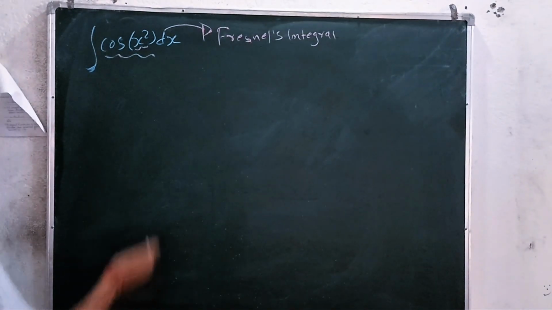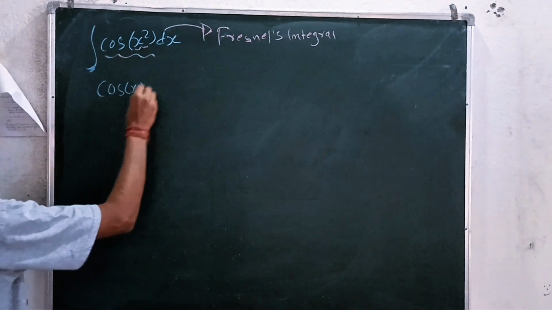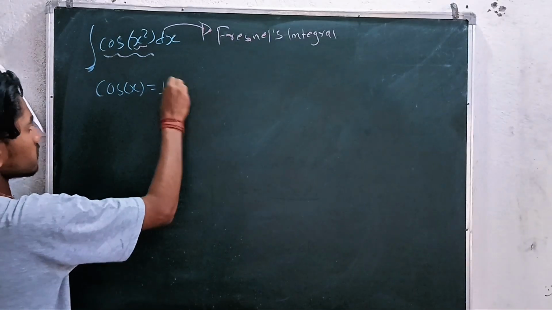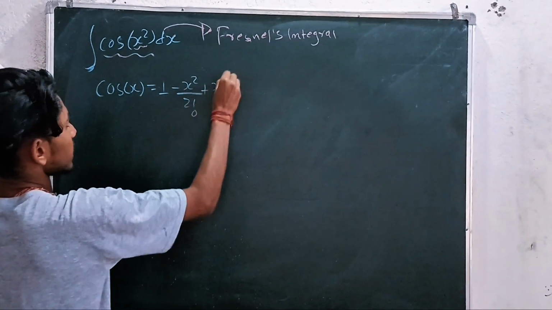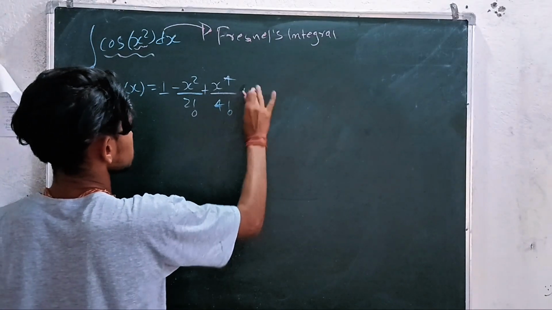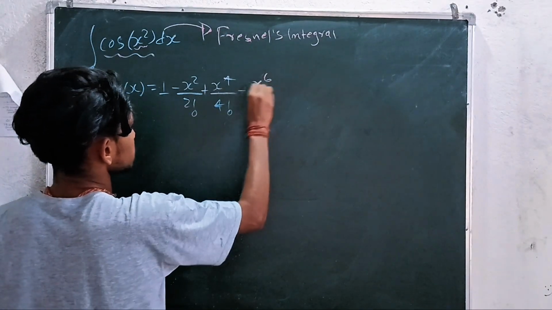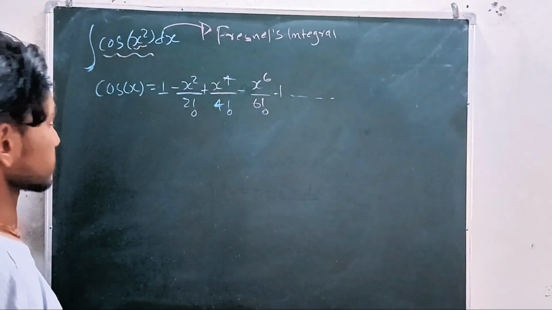We know that the expansion formula of cosine of x is 1 minus x squared over 2 factorial plus x to the 4 over 4 factorial minus x to the 6 over 6 factorial, and it goes on and on like this.